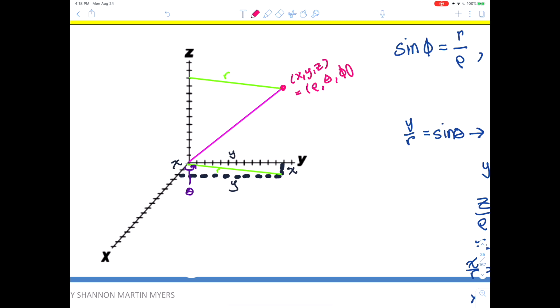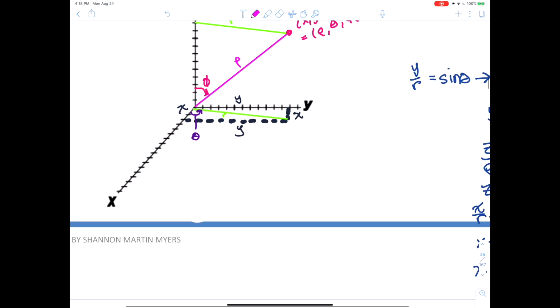And phi is here. It's the angle that you make with the z-axis and rho. So that's phi. And then this here is rho. Cool, cool, cool? Okay.